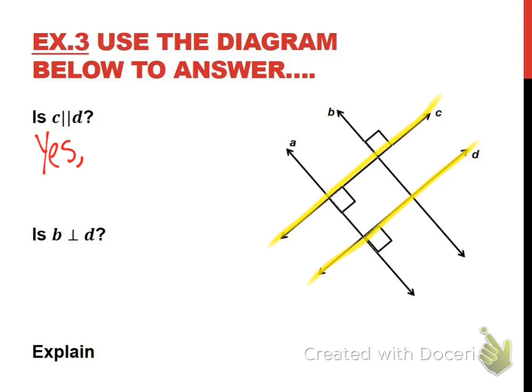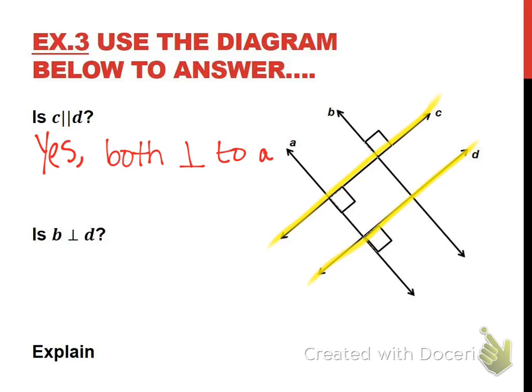Both of them are perpendicular to what? Line A, right? You see the right angle boxes on A. We don't have a right angle box between D and B, so I would say both perpendicular to A. Questions about that reasoning?